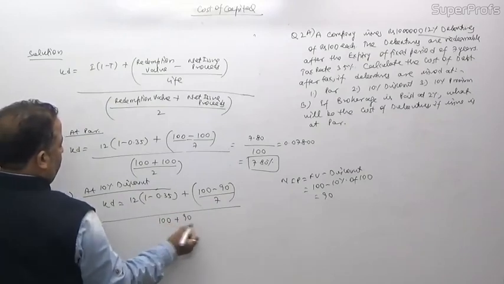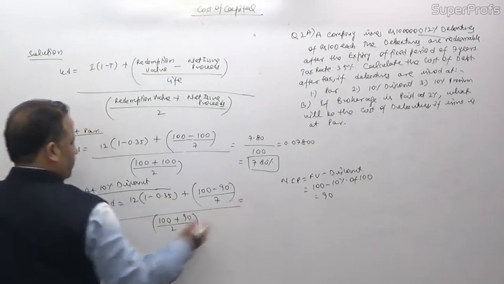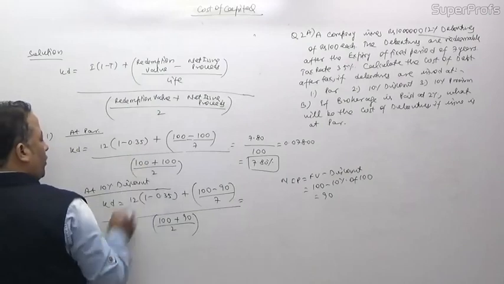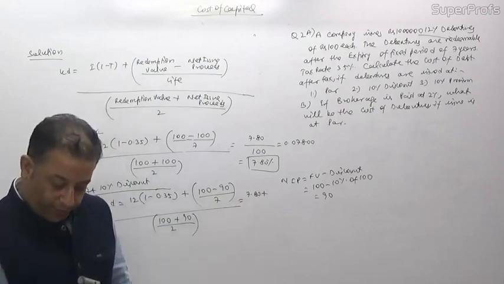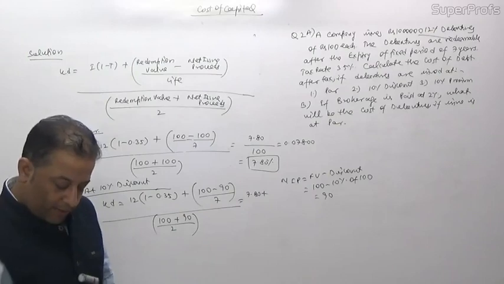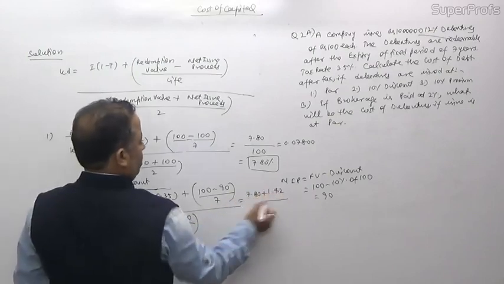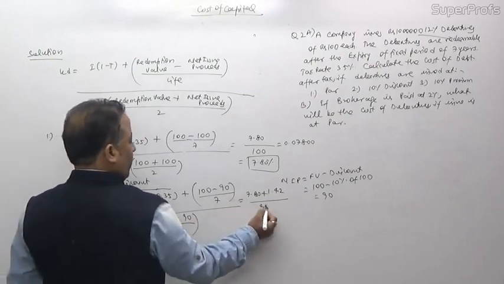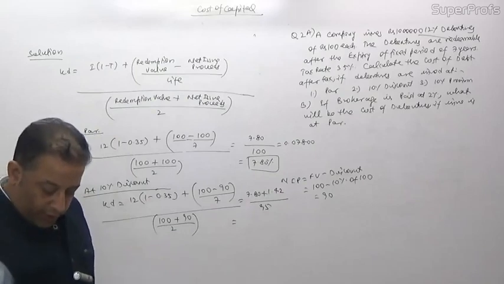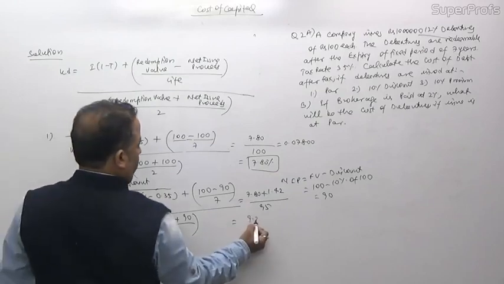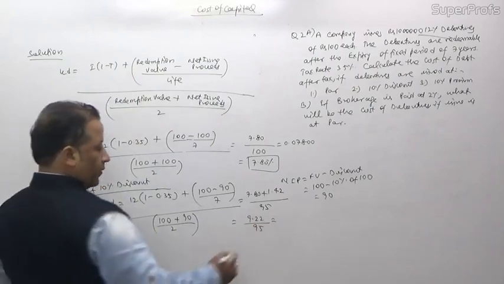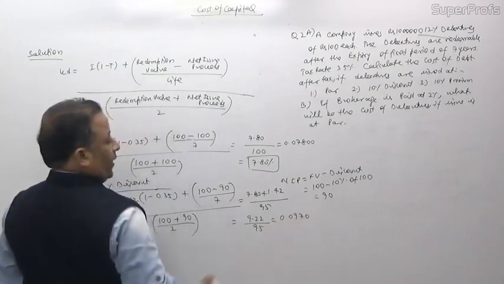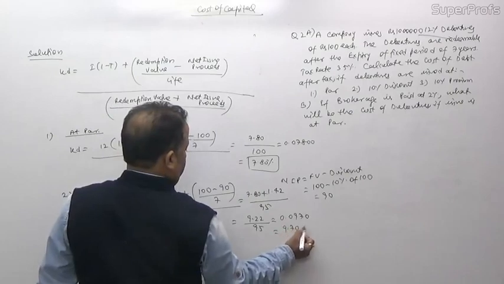Net issue proceeds is 90 divided by 2. 12 into 0.65 is 7.80. 10 divided by 7 is 1.42. 190 divided by 2 is 95. 7.80 plus 1.42 is 9.22, divided by 95, is 0.0970, that means 9.70%.